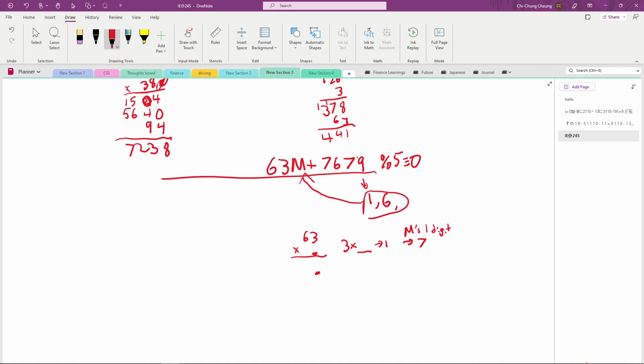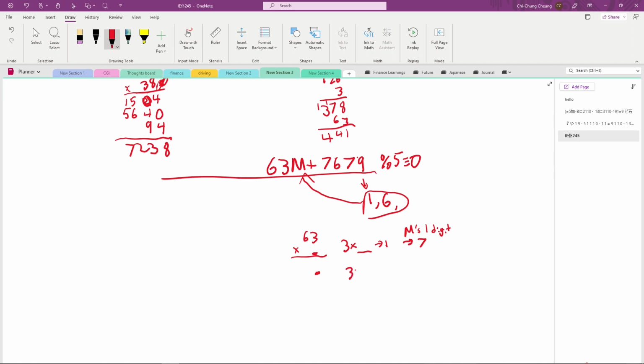Because 3 times 2 is 6, 3 times 3 is 9, 3 times 4 is 12, 3 times 5 is 15, 3 times 6 is 18, 3 times 7 is 21, that's okay. 3 times 8 is 24, 3 times 9 is 27, and 0 goes to 0.